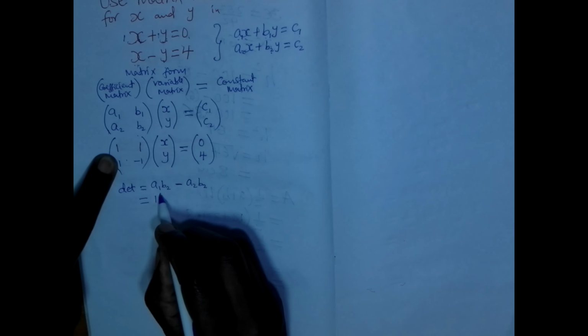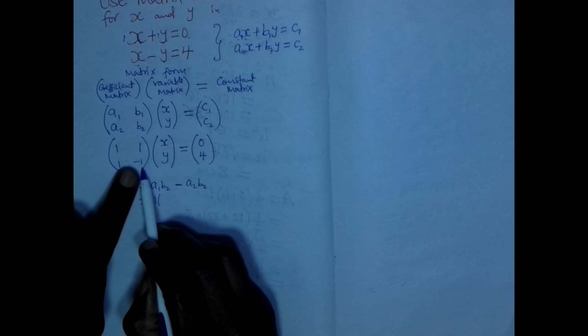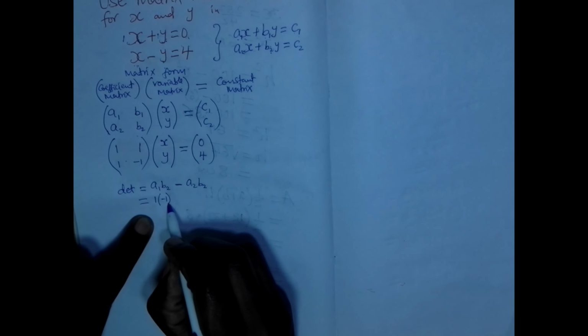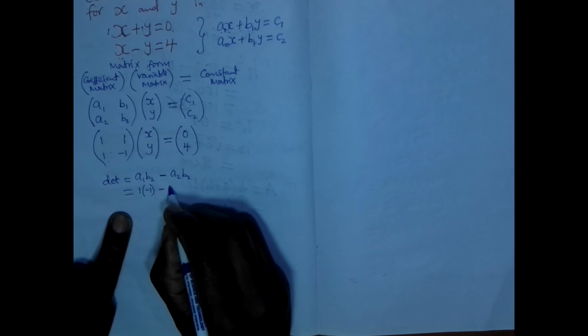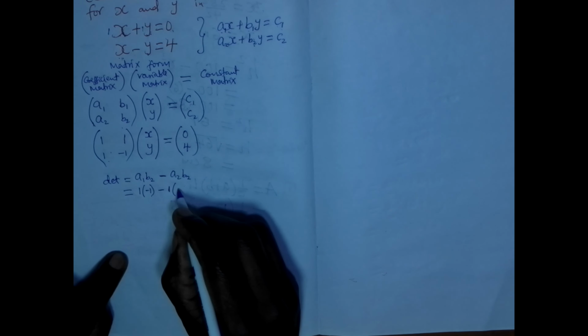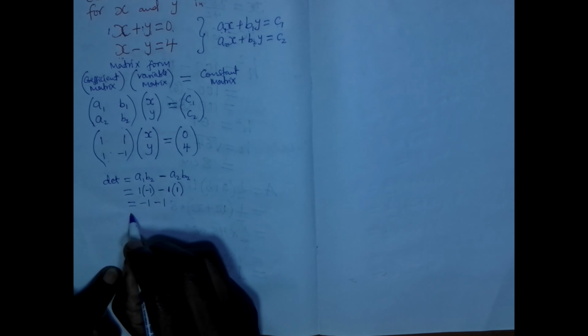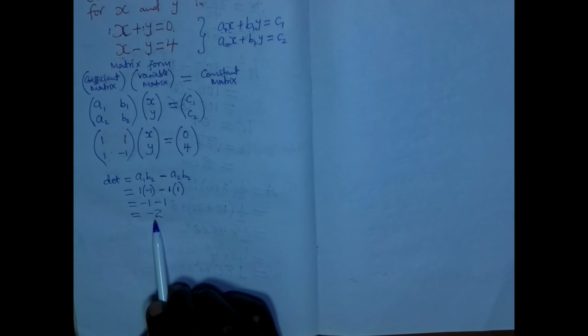In our case, a1 is 1 multiplied by b2 which is minus 1, minus a2 which is 1 times b1 which is 1. So this will be minus 1 minus 1, and we end up getting minus 2. So the determinant of the coefficient matrix is minus 2.